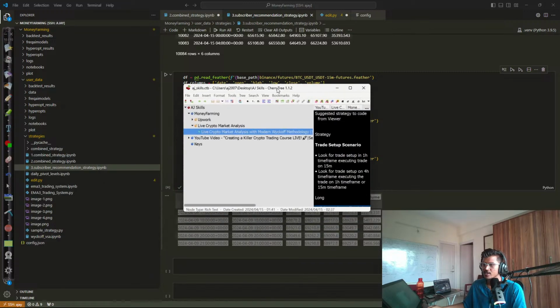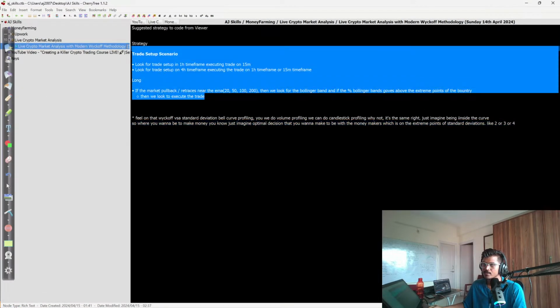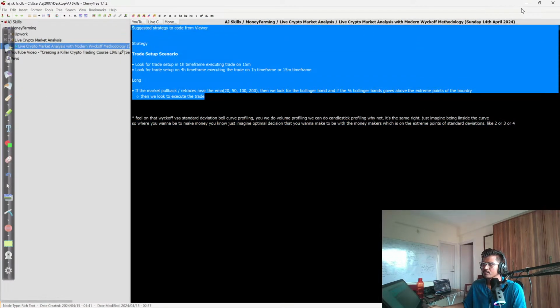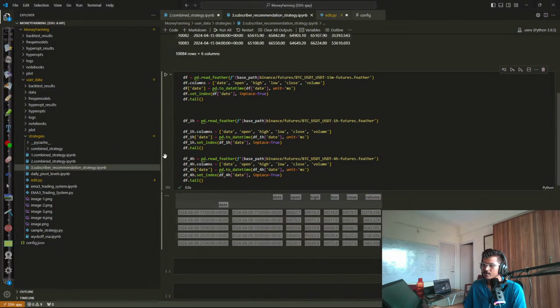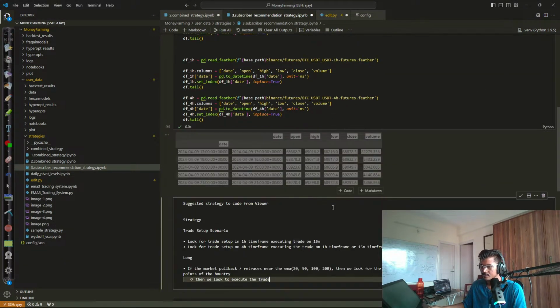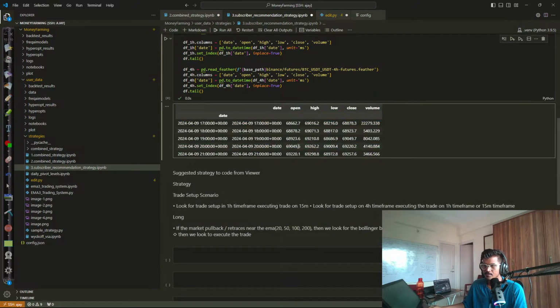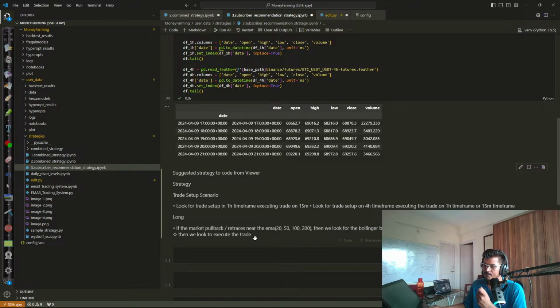I'm gonna paste it there so you guys can see it. So what we need now is EMA and then Bollinger Bands.